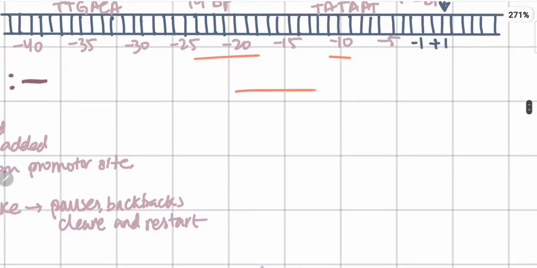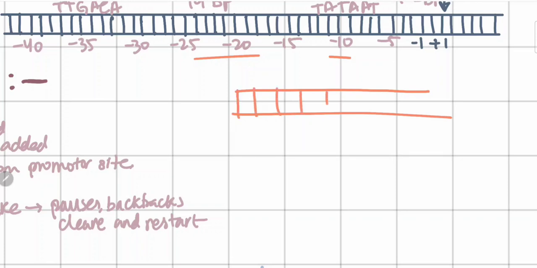Now, this is the DNA strand right here. And let's say transcription is starting from here. This is where the transcription starts, right? The scientists have numbered it +1.